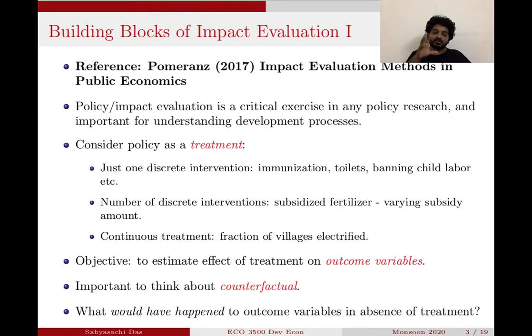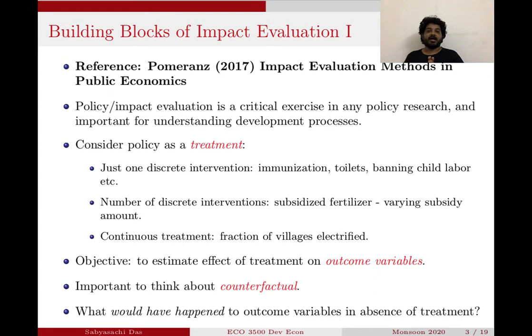I'm now going to introduce a bunch of jargon, which is going to be critical in laying out the analysis. The first idea is the idea of a treatment. So what is a treatment? You can think about policy as a treatment. A treatment is an intervention in the world.